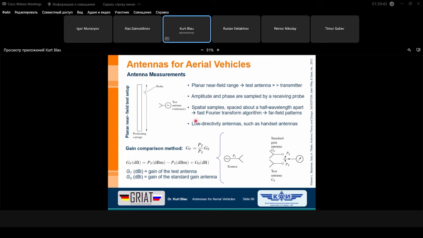In principle, it is one possibility to reduce the place of a room. Then with such equipment, you can realize the antenna measurements of microstrip antennas in a laboratory room.